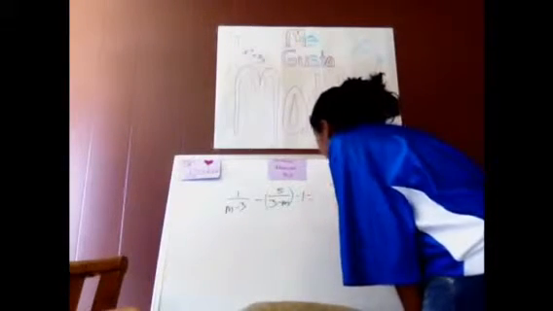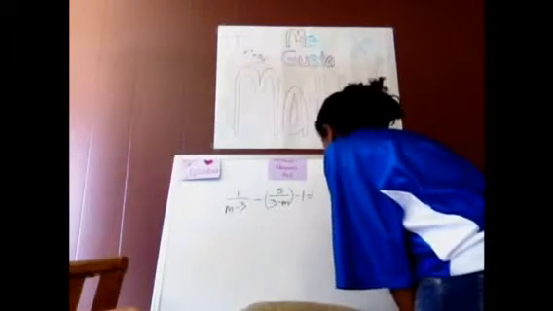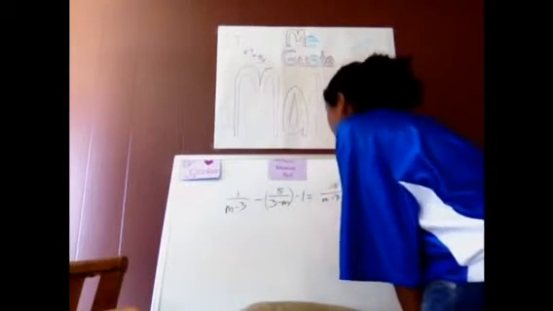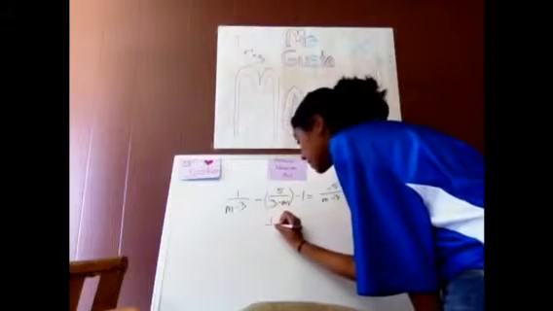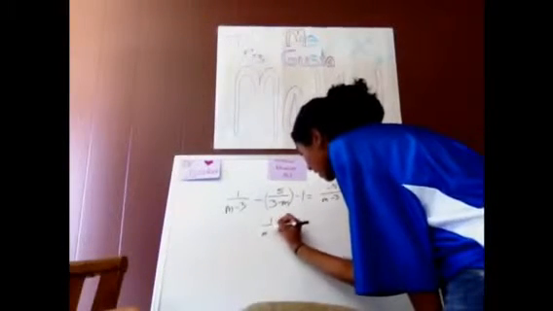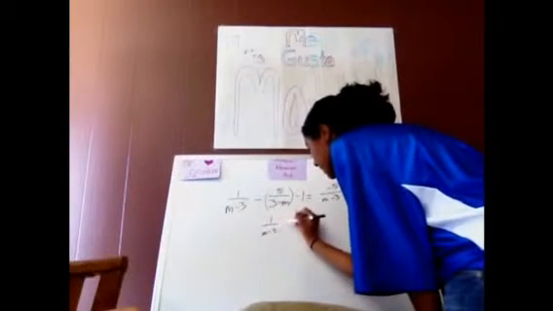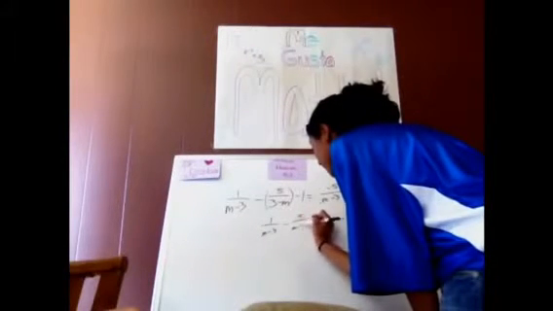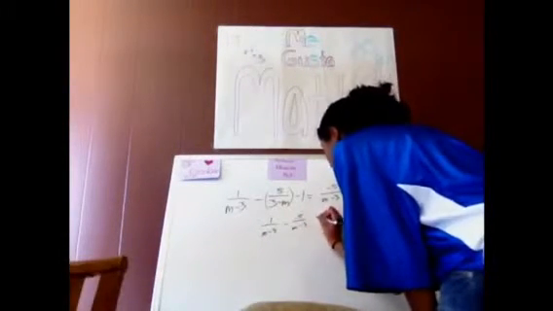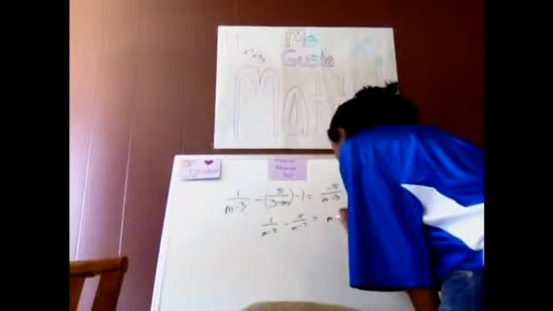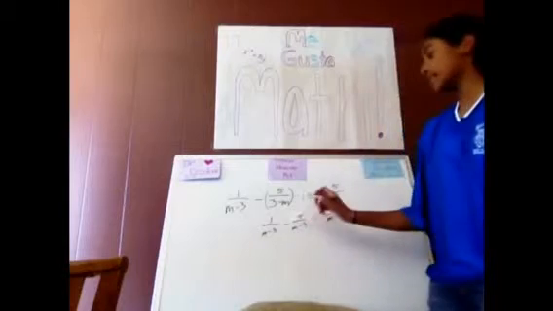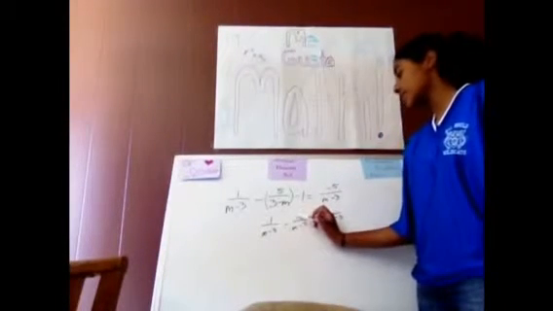So that would equal negative 5 over m minus 3 now. So the new equation is 1 over m minus 3 minus negative 5 over m minus 3. You bring over your common denominator, and then you're going to subtract a negative 5. So you change the signs.